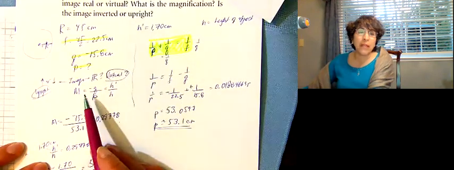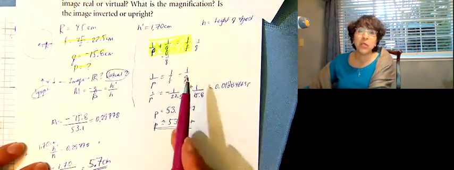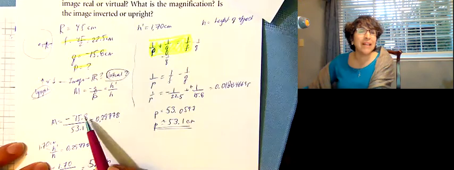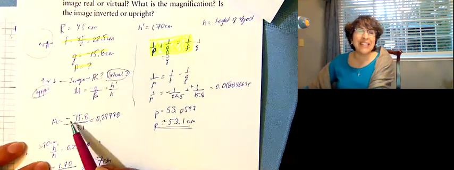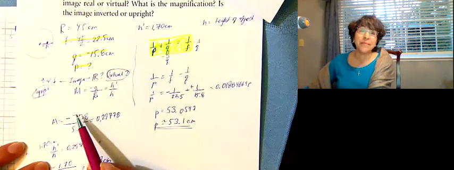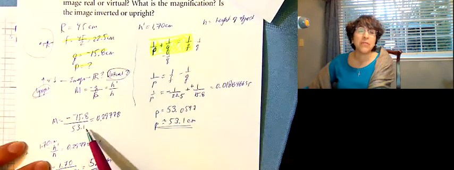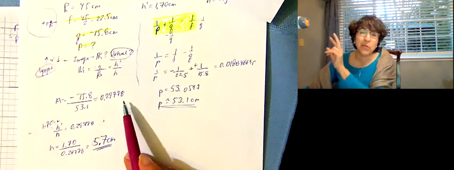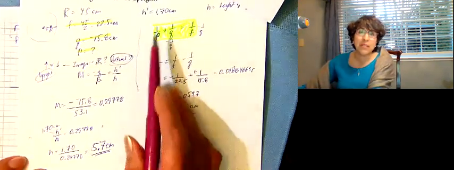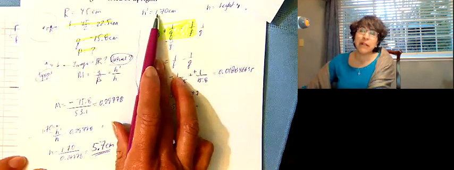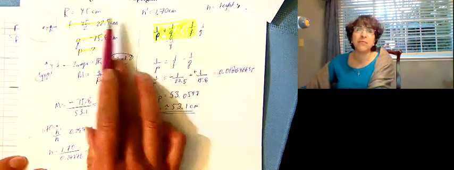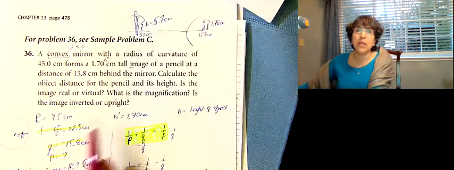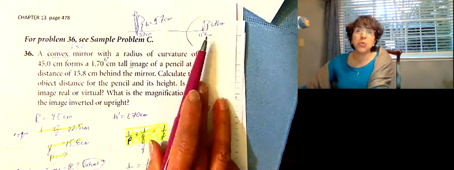So for your magnification, I could have just done Q over P. Well, I did. Here's my Q, negative. It's a minus here because the Q is negative. Divide that by the P. There's my magnification. So I go, oh, it shrunk. Okay, it shrunk. So that should tell you that if it started at 1.7, then it better be bigger, right? Because it shrunk when it went from the object to the image.